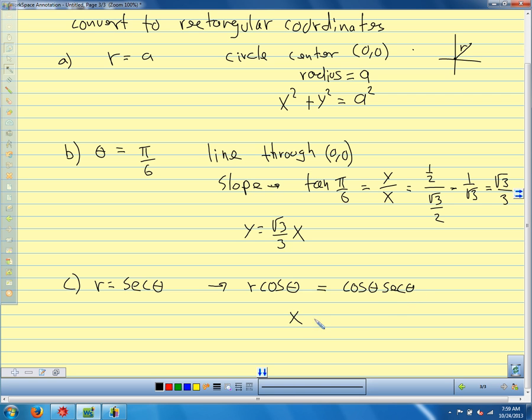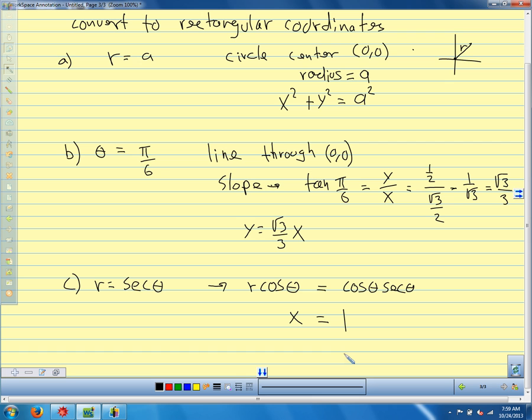So x equals cosine theta times secant theta, which is 1. So in this case, rectangular coordinates definitely look a little nicer. I love doing this. All right.